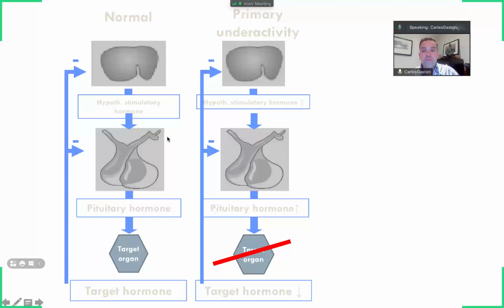So if we compare the hormonal status between the target organ deletion and the normal, we will see increase of pituitary hormone and also increase of the hypothalamic stimulating hormone, because the negative feedback loop does not work.